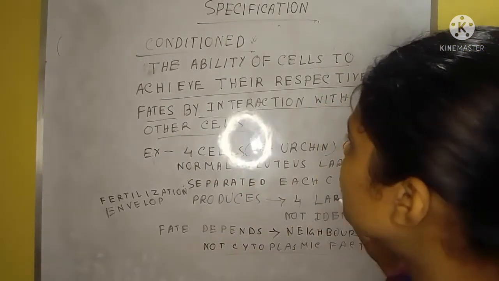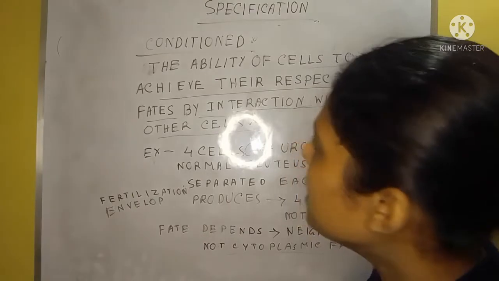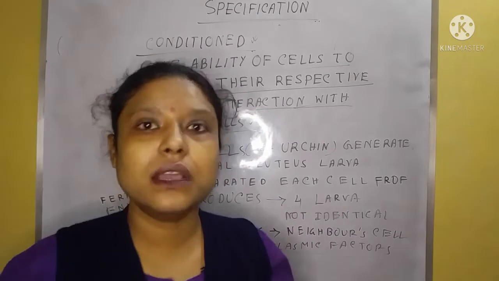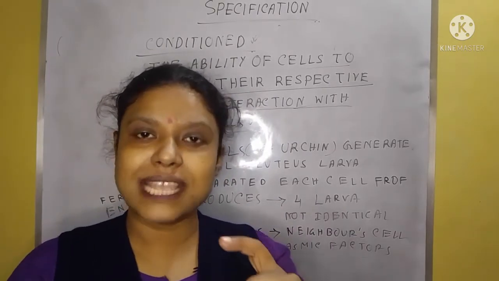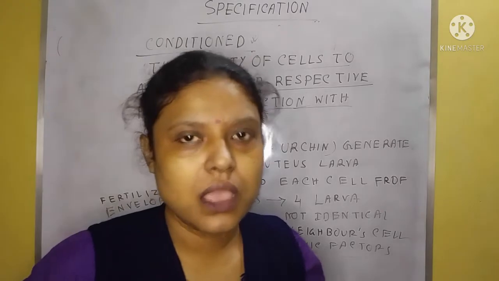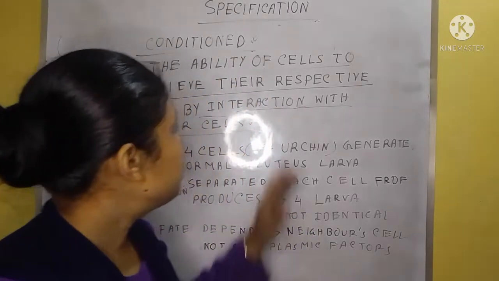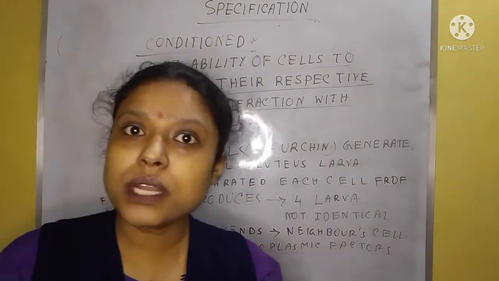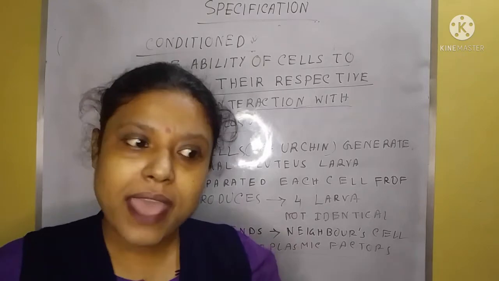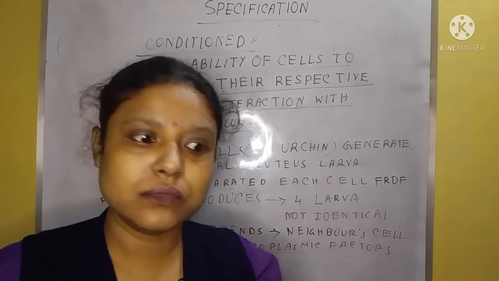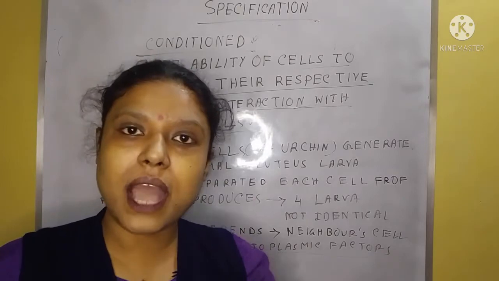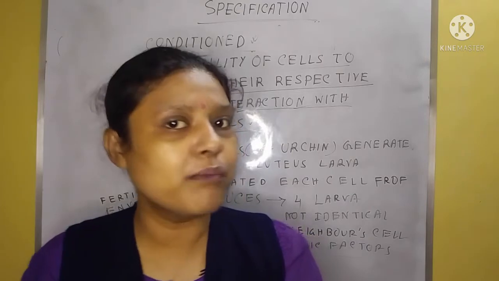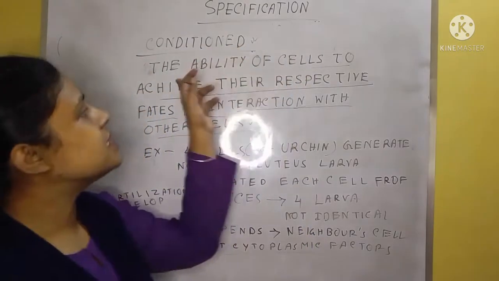In autonomous specification, we learned that one cytoplasmic factor is very important, but here the cytoplasmic factor is not important. Here what is important is the surrounding cells, which cells they are interacting with. That means neighbor cells are very important in conditioned specification.